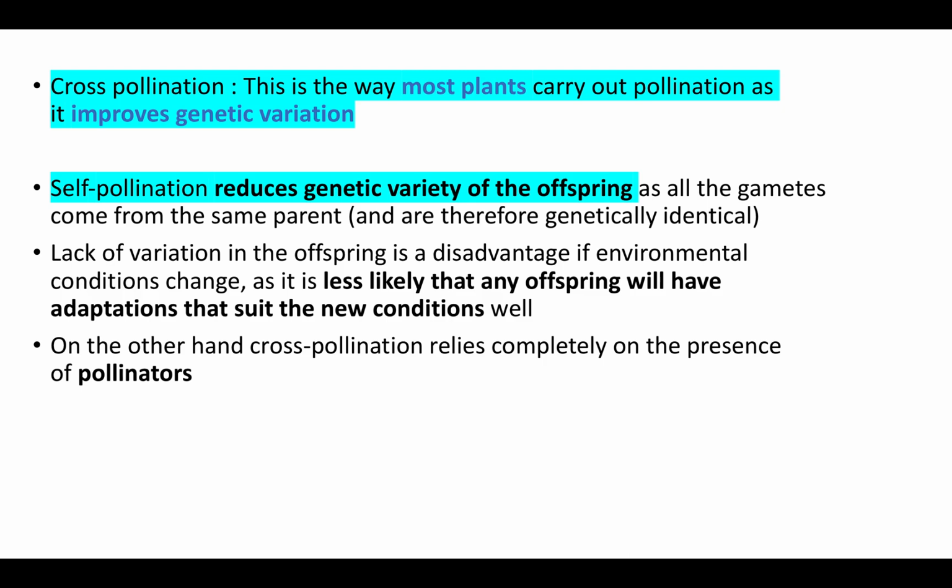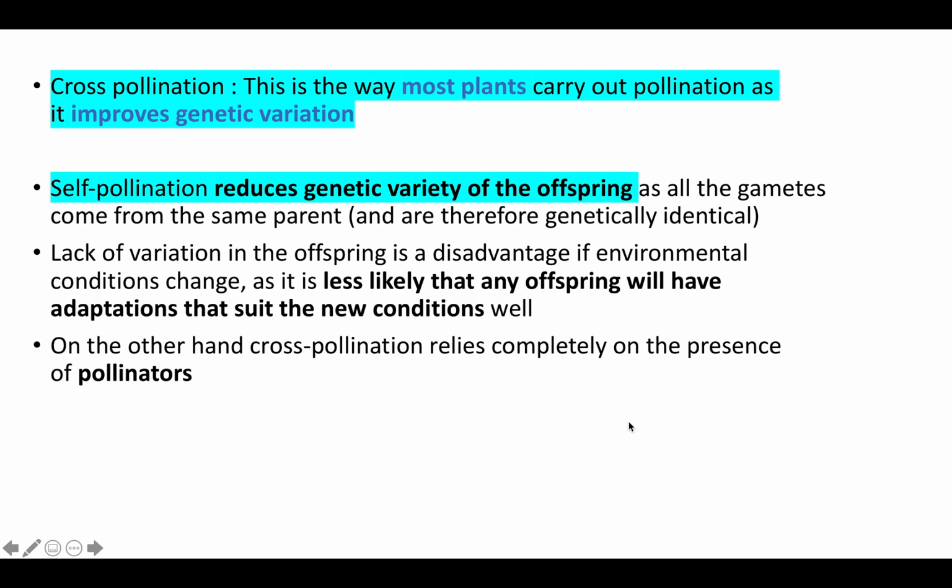Now, if you were asked to list or to explain the advantages of cross-pollination and self-pollination, there are certain things you should mention. Cross-pollination, because it happens between different plants, improves the genetic variation, while self-pollination, and this is considered a disadvantage, reduces genetic variety of the offspring because all the gametes come from the same parent and therefore they are not genetically different, they are all identical.